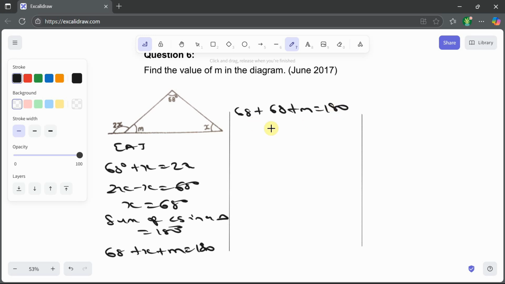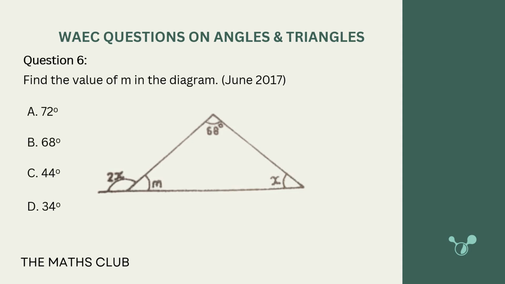So 68 times 2 will give you 136, plus m is equal to 180. So our m will be equal to 180 minus 136, and that will give you 44 degrees. So our value of m is 44 degrees. Let's see if we're correct. That will be option C.